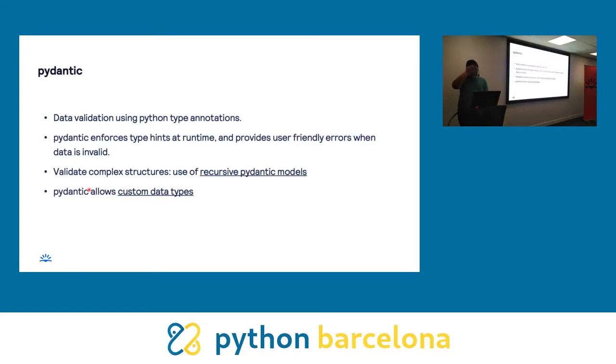And when we say recursive, imagine that we have the person object and we have a family. If we did a family with the dataclass decorator, the dataclass decorator will not check the type of the members of the family.